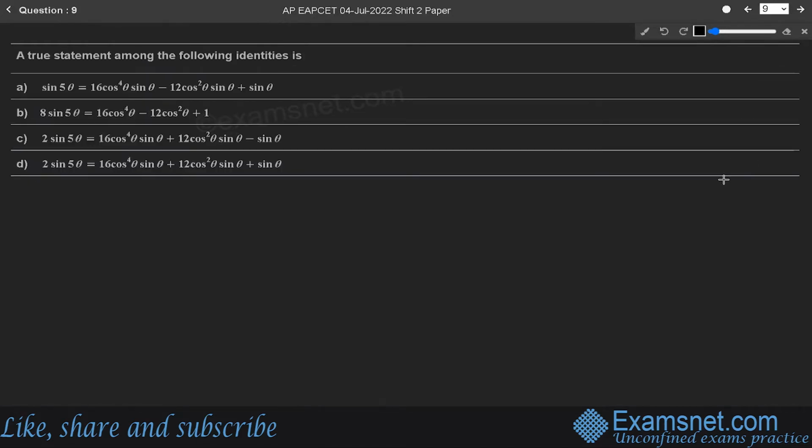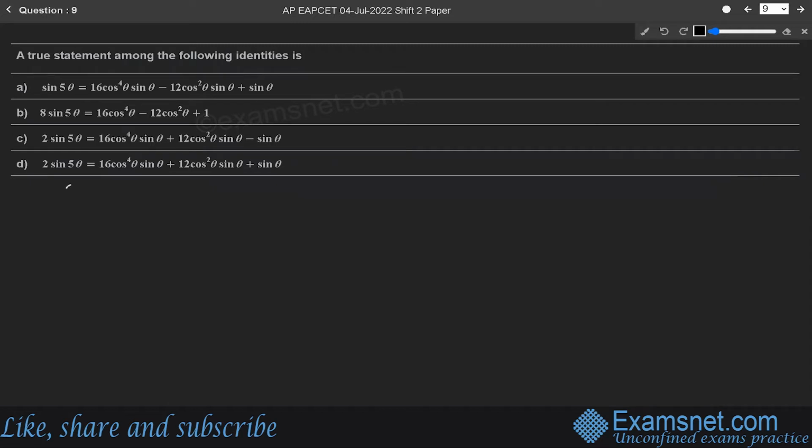Next question is, a true statement among the following identities is. There are so many identities in trigonometry, but out of these options, we have to find which is the correct identity. So first, let us see the first option.